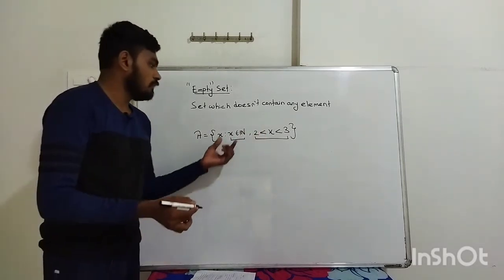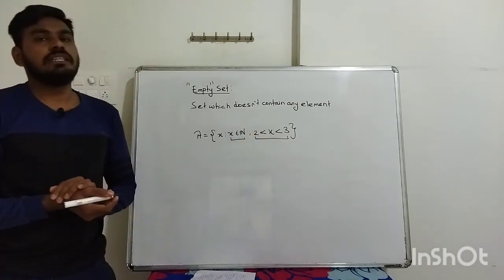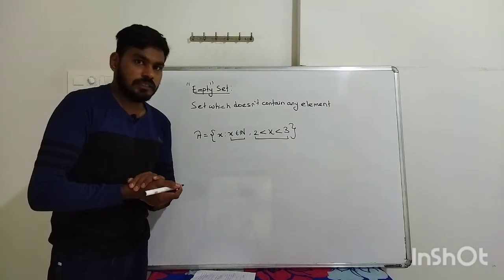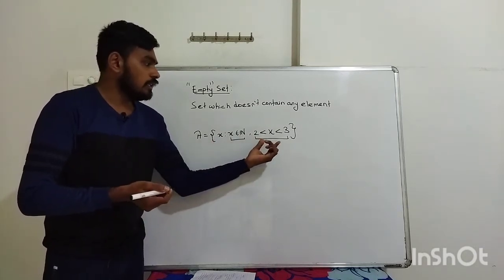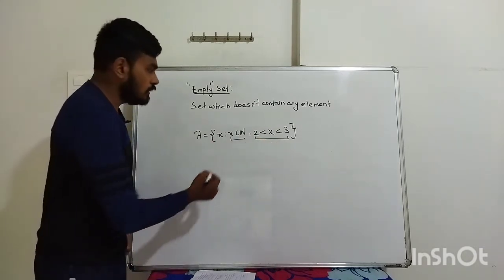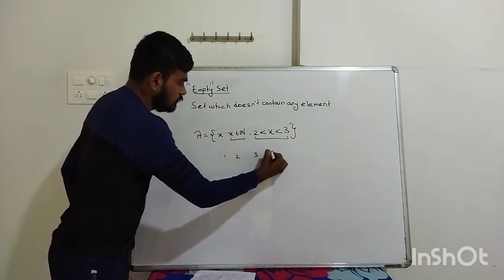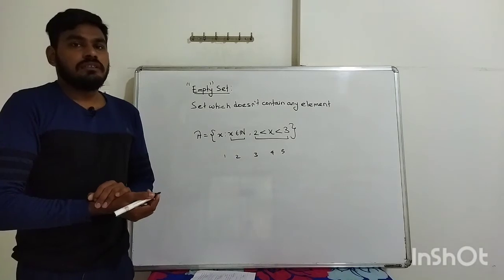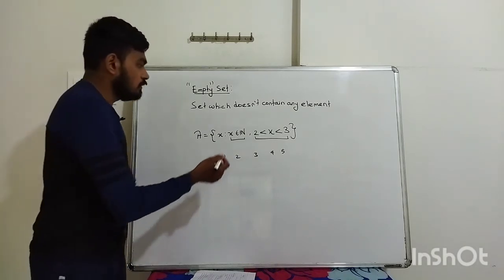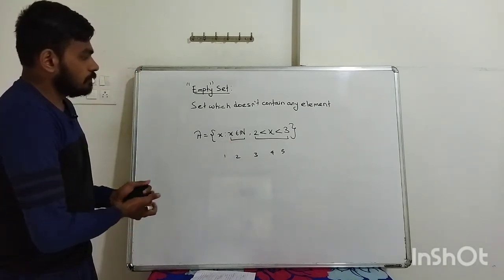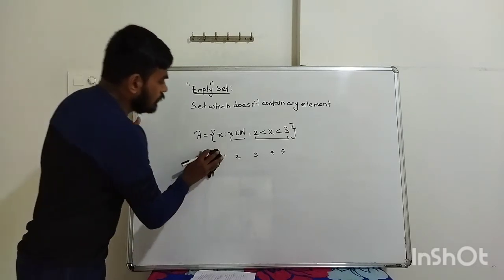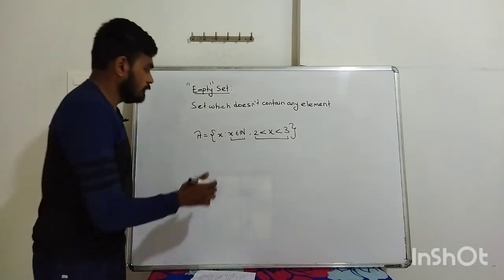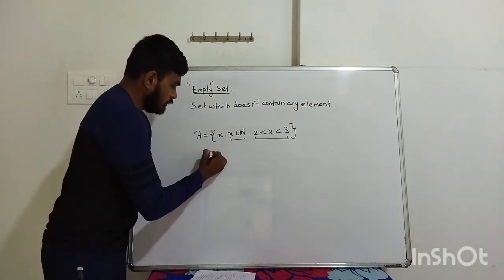So what we have to find is a natural number which lies between 2 and 3. Obviously there is no natural number between 2 and 3. The natural numbers are 1, 2, 3, 4, 5, and there is no natural number between these two. So you can't find any element here, and this becomes an empty set.